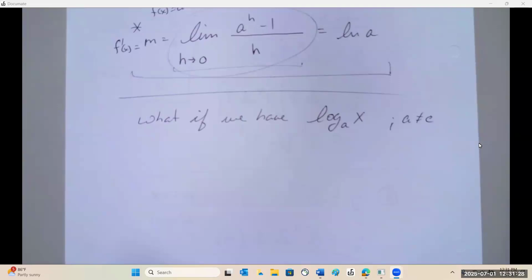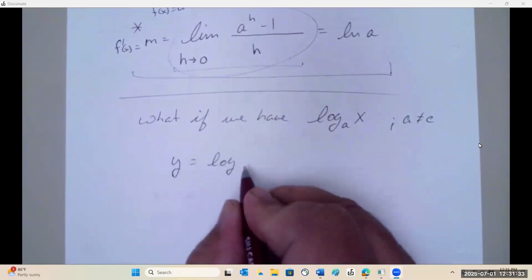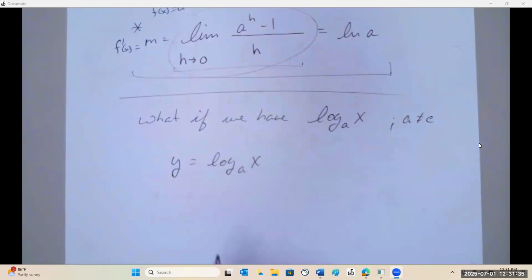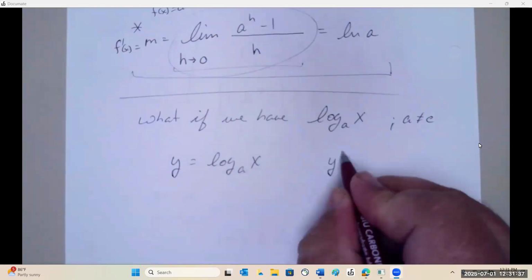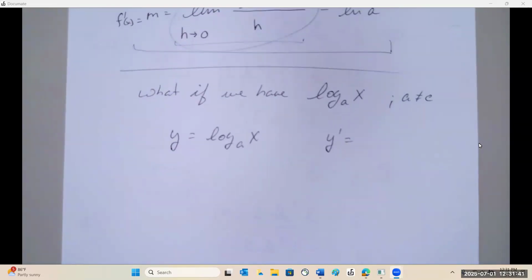How do we find the derivative of this? Believe it or not, it's easier than you think. Let's see if you can figure out how you would do it with what we know from algebra.